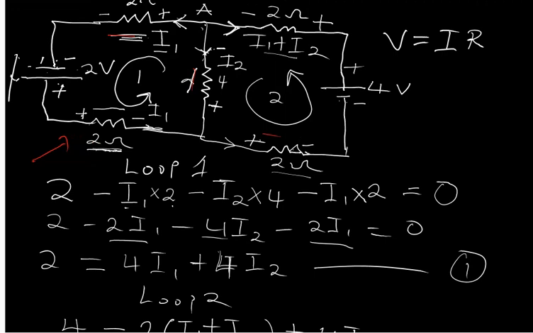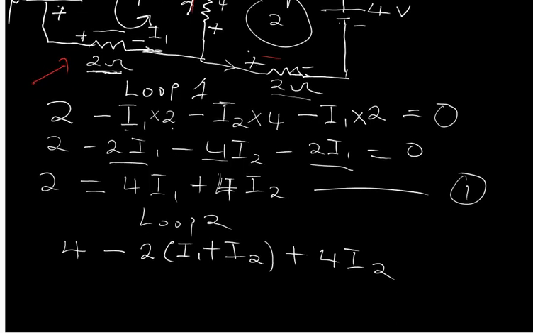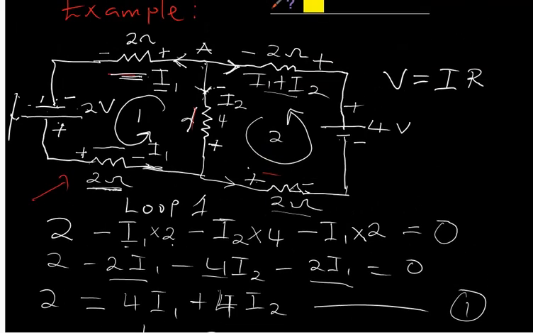Okay, so the other one is going to be positive. As I go like this, this is going from positive to negative. That's a fall in potential. Of course, the current through this 2 ohm is still going to be the current across this other 2 ohm because it is connected in series.